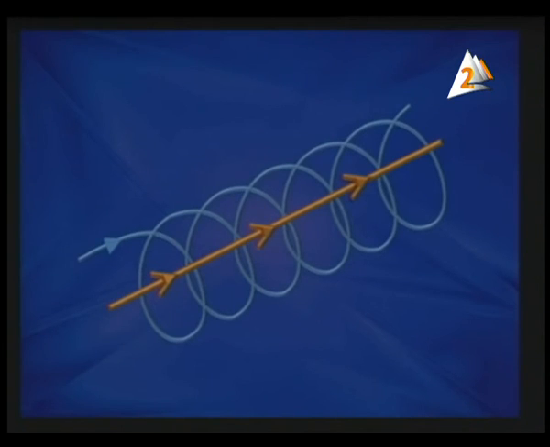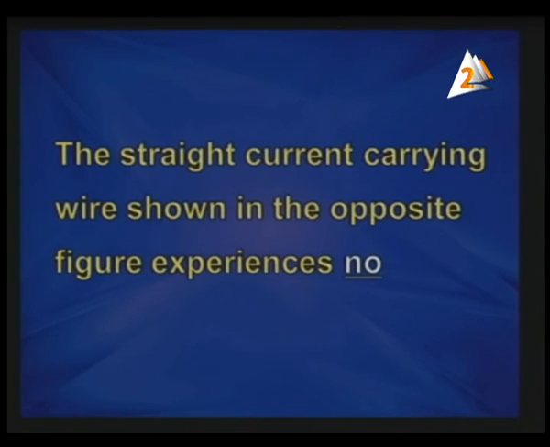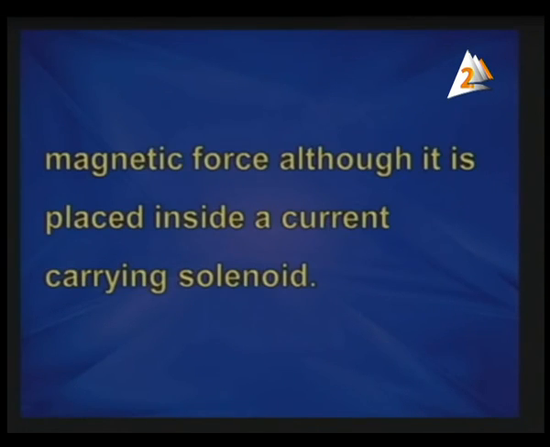Now we've got a solenoid and a current carrying straight wire is placed inside the solenoid along its axis. And there is a question here. The straight current carrying wire shown in the previous figure experiences no force. Why?